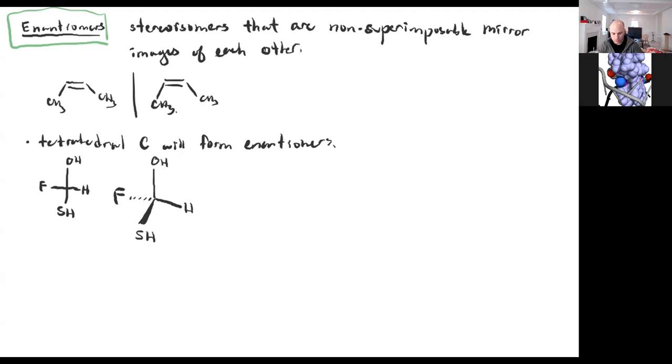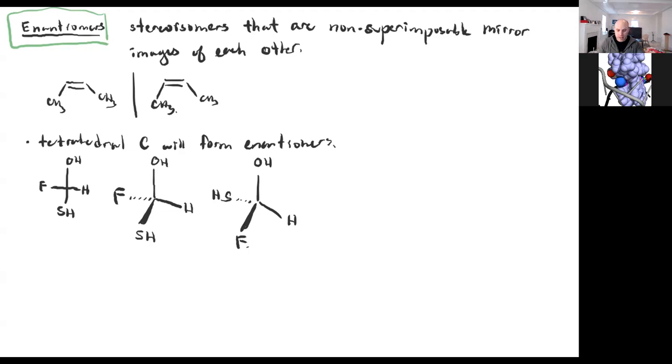And so let's suppose that I interconvert the positions of the fluoride and the thiol. So now the thiol is back and the F is coming forward, okay? Those two molecules should look a little different to you. The configuration at the carbon center is different, okay?